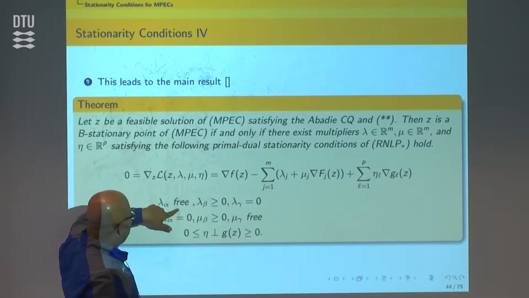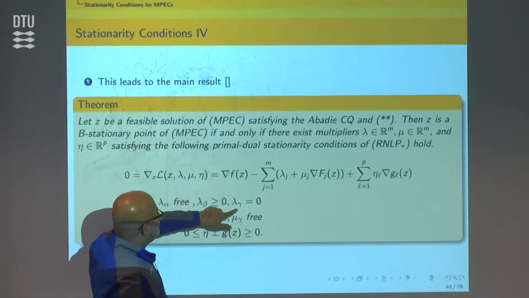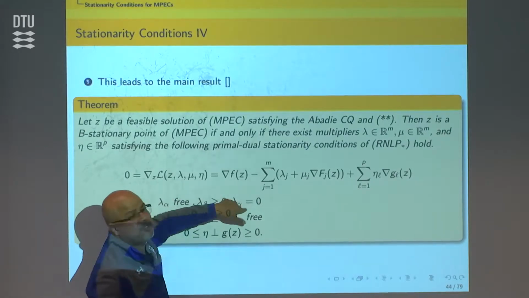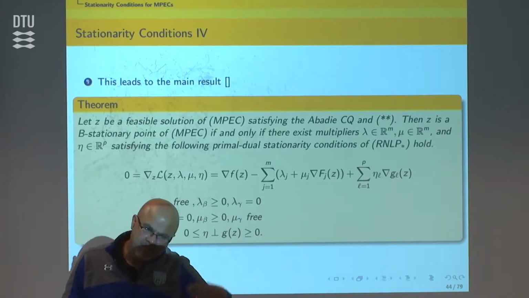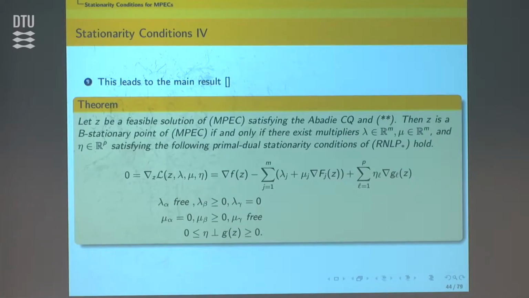So here, lambda alpha is free. Lambda beta is greater than or equal to 0, and lambda gamma is equal to 0, because the gamma indices are strictly greater than 0.